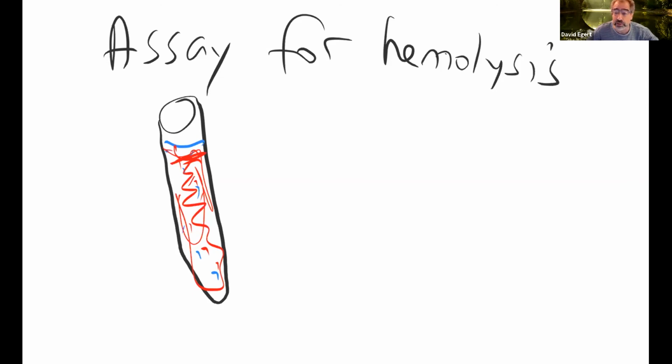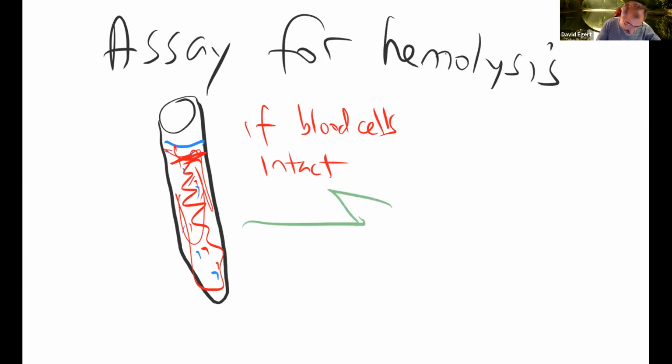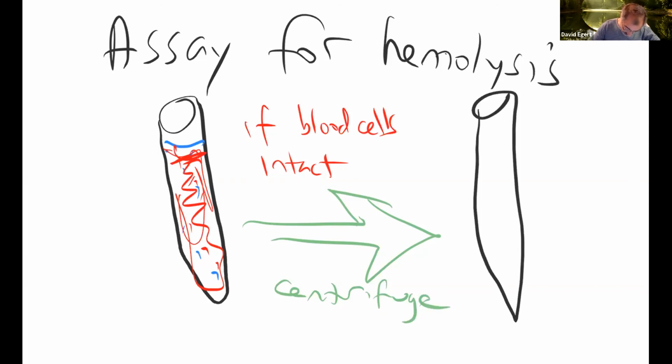But we talked about how blood is a suspension. The blood cells are actually big enough that gravity will pull them down. So if the blood cells are intact and I run this through a centrifuge, the blood cells will all get pulled back to the bottom.